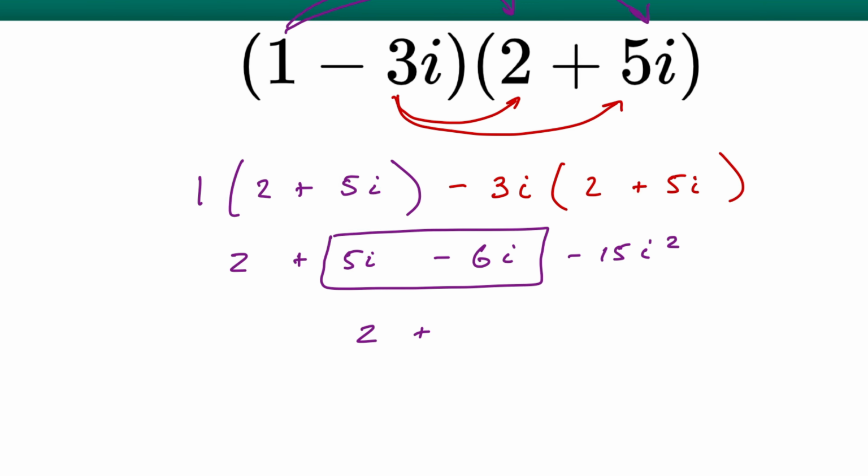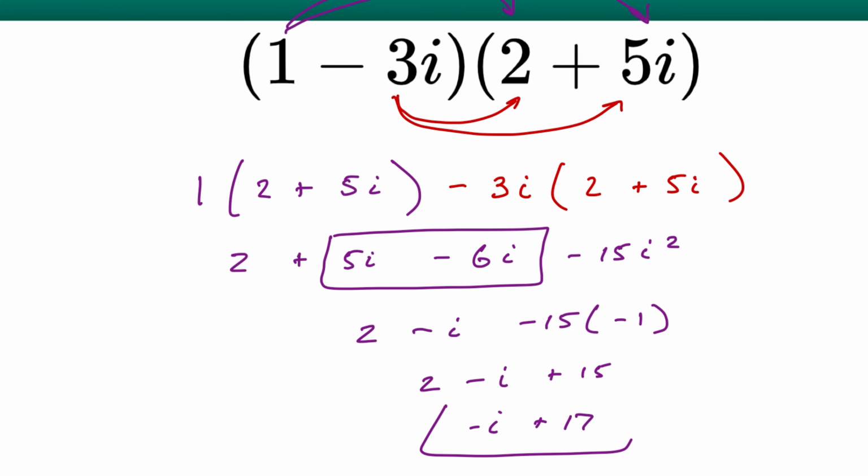So 2 minus i. Now we have -15i squared. Now i squared is the same thing as -1, so that's really -15 times -1, which makes us 2 minus i plus 15, which makes this -i plus 17.